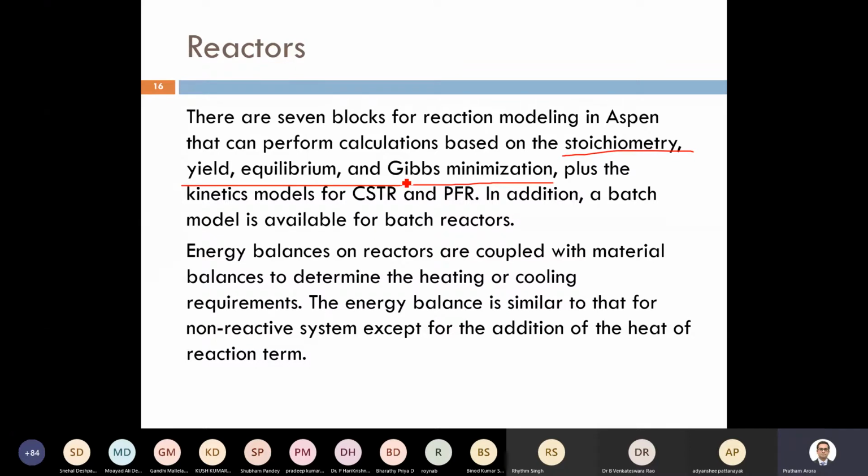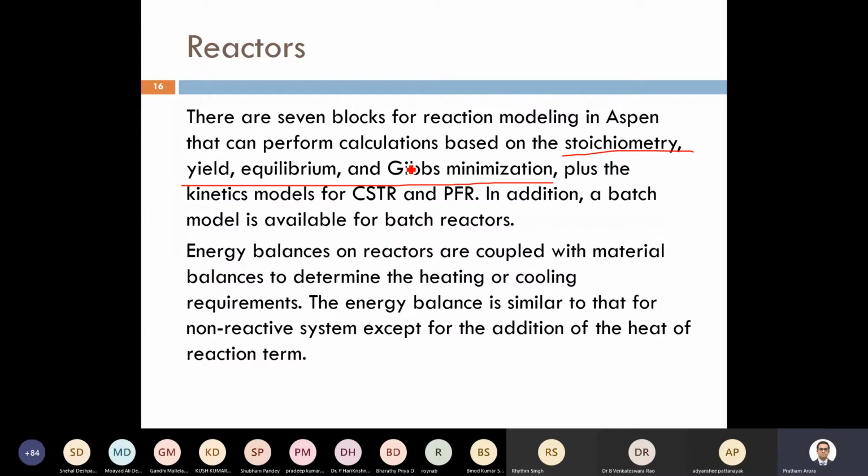It doesn't tell you how fast it is going to be achieved, but this is the composition that you're going to achieve if the reaction system is left for a fairly good amount of time. So if you have absolutely no idea what the reactions are or what the output is going to look like, go for the equilibrium, the Gibbs reactor. It will minimize the Gibbs free energy and give you the different compositions which are possible.